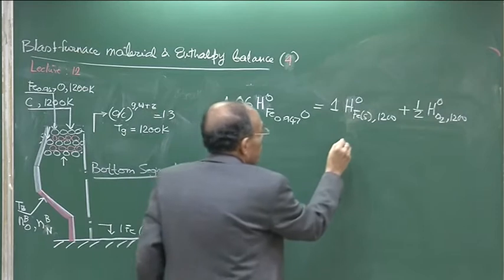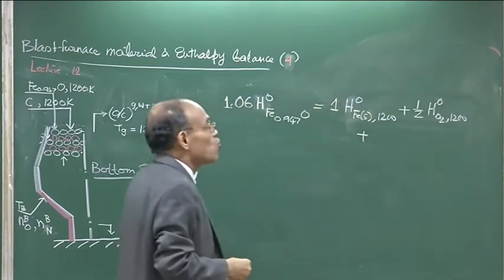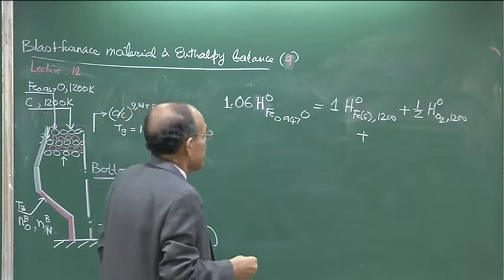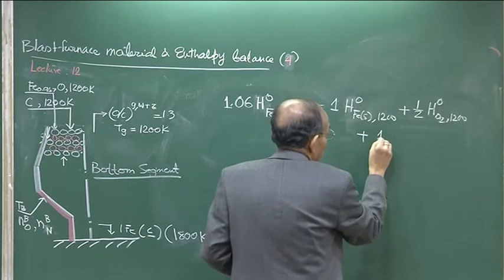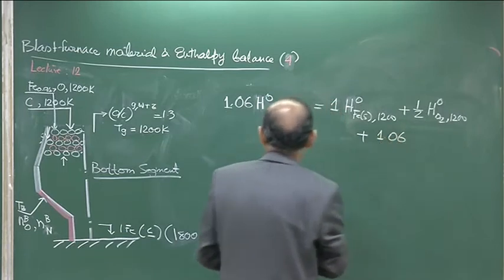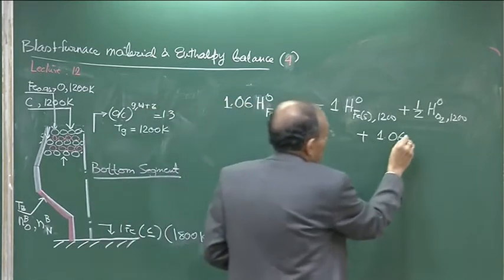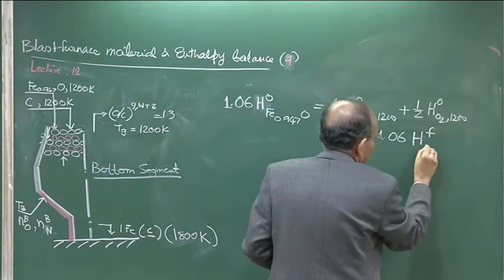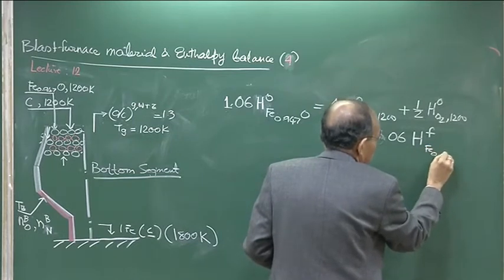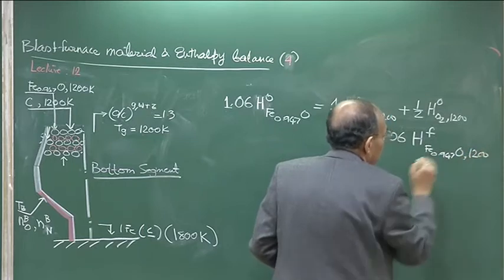When this combines together and forms austenite at 1200 Kelvin, we produce 1.06 moles of austenite, and that would be the heat of formation of austenite, Fe 0.947 O, at 1200 Kelvin.